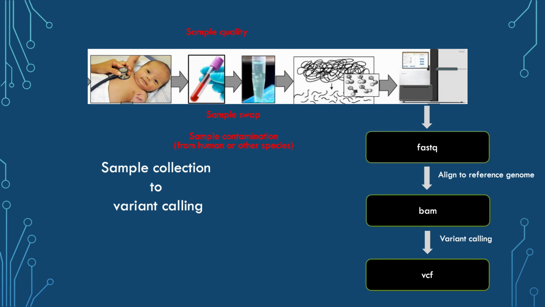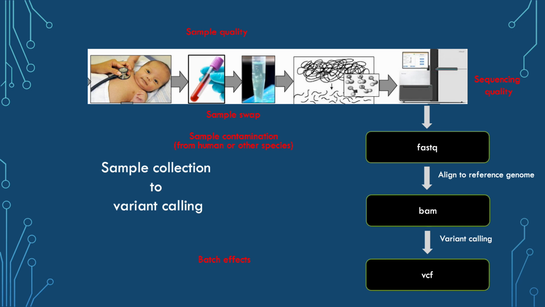It could have been from another human individual, or from another species, or the sequencing data quality could have been poor. In addition, there may have been batch effects as well.